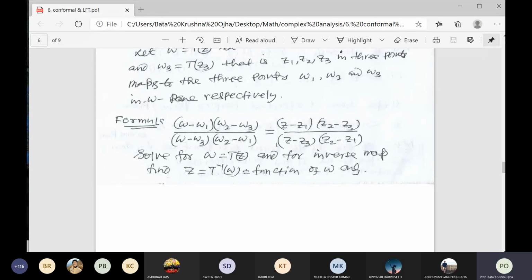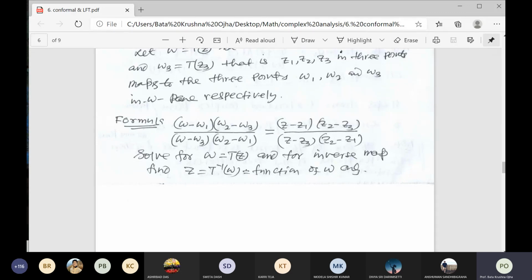You can solve directly, or you can apply componendo and dividendo methods. Solve for W is equal to T(z), and for the inverse map Z is equal to T inverse of W, a function of W only. Either you solve for W as a function of Z, or Z as a function of W, according to the nature of the question.